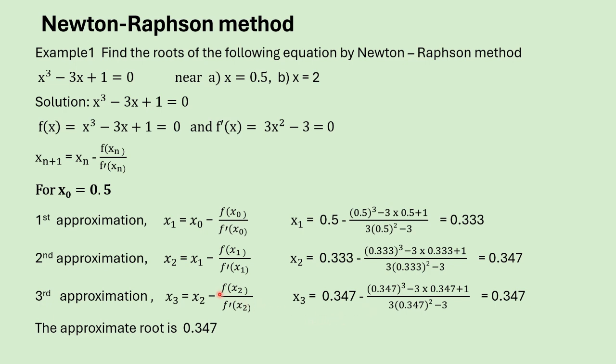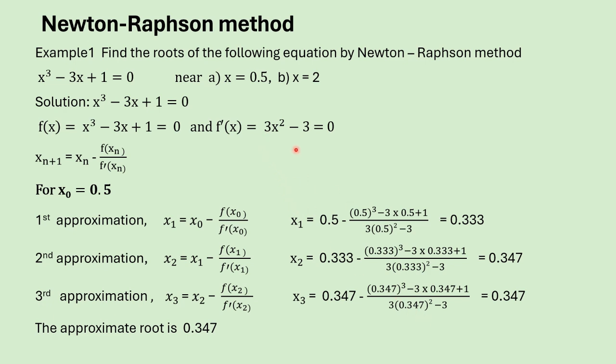So in the value of f of x, we place the value of x2, which is 0.34, and we get this divided by f dash x2. In the f dash value you place the value of x2, which is 0.037. So here 3, placing the value of x2, then minus 2. On simplification of this, we get 0.347.